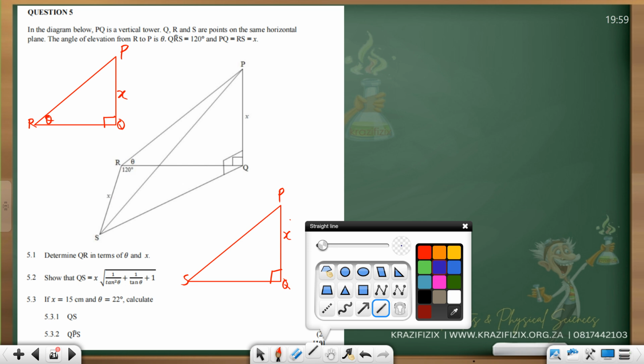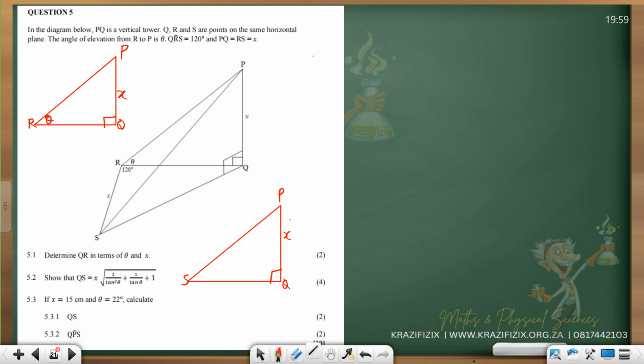PRS. Where's PR? Something like that, right? It doesn't have to really look like that. At least I must just capture all the information. It's PRS, and this angle is about 120 plus theta.